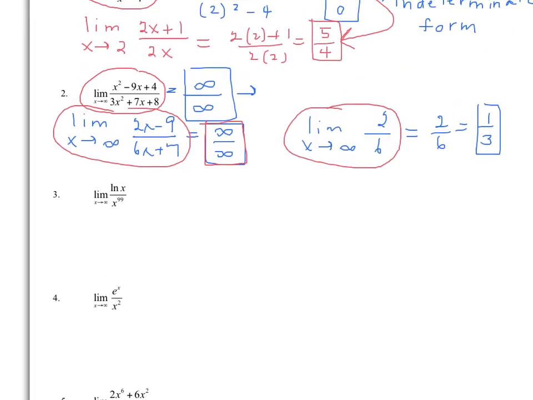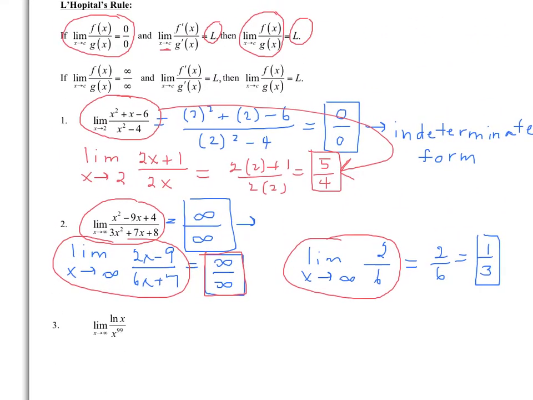So now let's take a look at the top of the page at the statement of the theorem. You'll also notice that if the limit in the numerator is infinity and the denominator is infinity, L'Hopital's rule also applies.